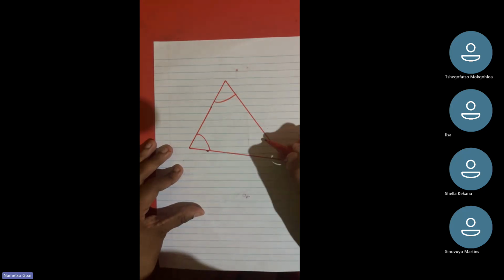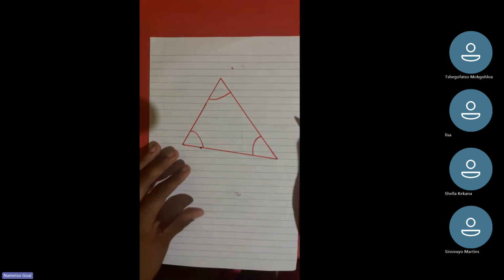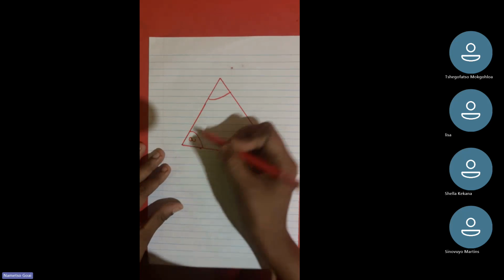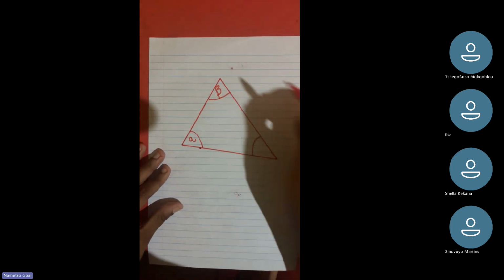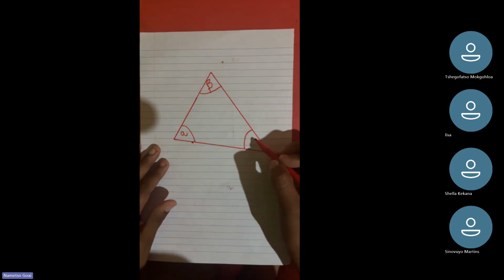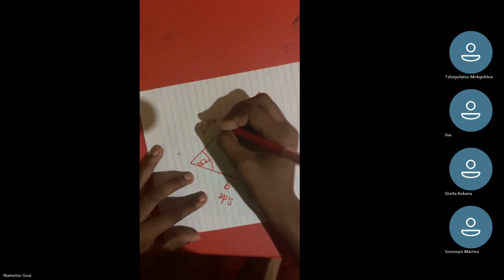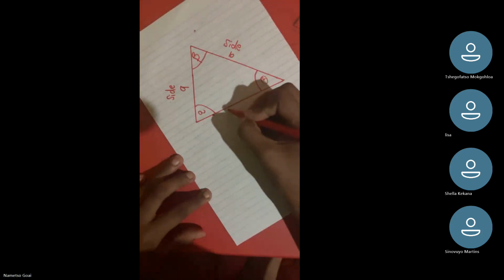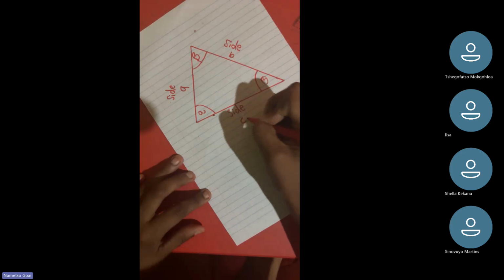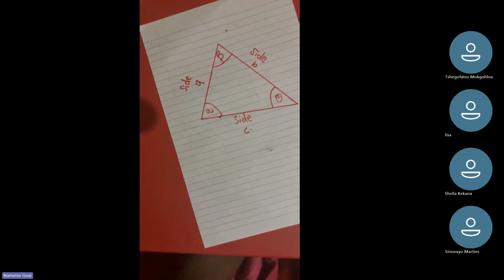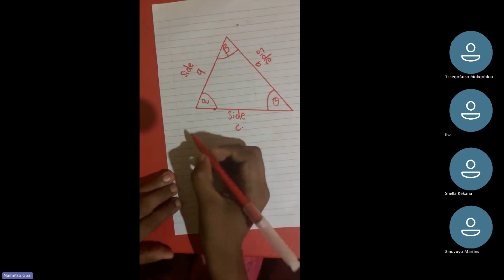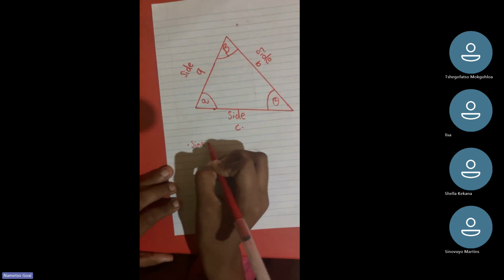Remember we said these angles are not equal to 90 degrees. So let's say this is alpha, this is beta, and this is theta, and we have side A, side B, side C. This is the sine rule.